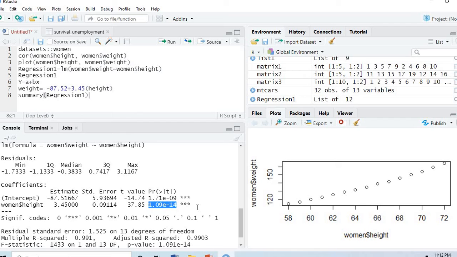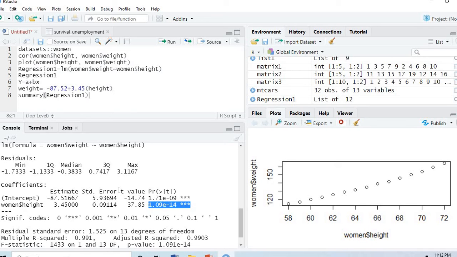So now what does it represent? This value represents whether your independent vector significantly affects the dependent vector or not. So you always have to consider that this p-value should be less than 0.05. Why 0.05? Because R software by default is set at a 5% level of significance.